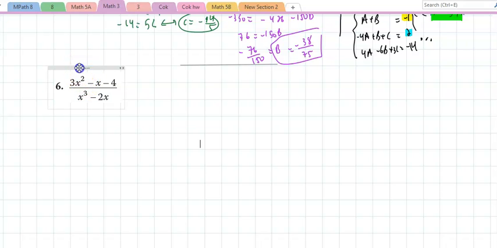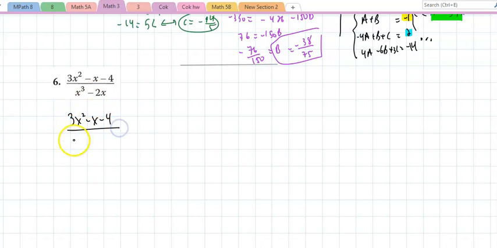Okay, number 6 is next. And if I glance at this, this says 3x squared minus x minus 4 over, I could factor an x out of that. That would be x squared minus 2, right? And I'm going to even take it a step further. Something that we normally don't do, but we're going to do it anyways. We're going to say this is 3x squared minus x minus 4 over x.